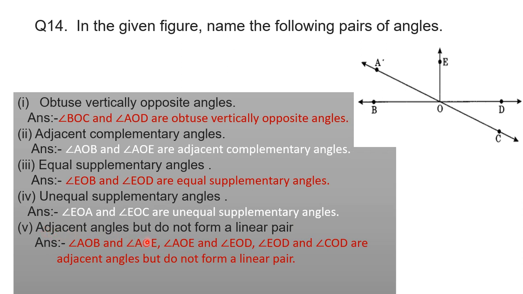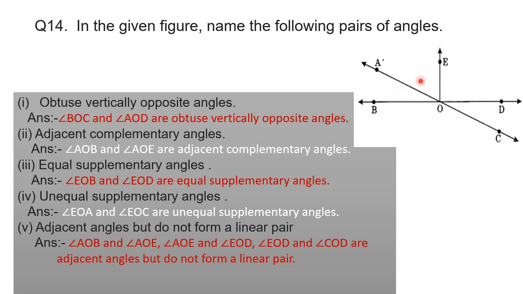Adjacent angles but do not form a linear pair. Now we have to write a pair of angles that should be adjacent but not form a linear pair. That is, their sum will not be equal to 180 degree. Okay, adjacent angles: angle AOB and angle AOE, as their sum is 90 degree, they are adjacent angles and they are not equal to 180 degree.